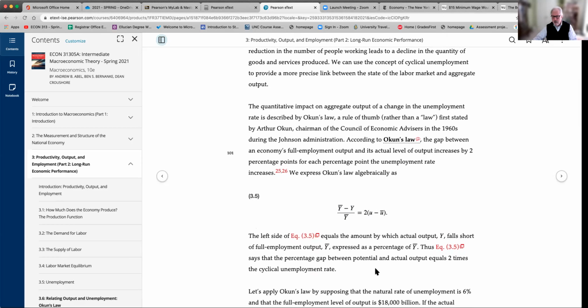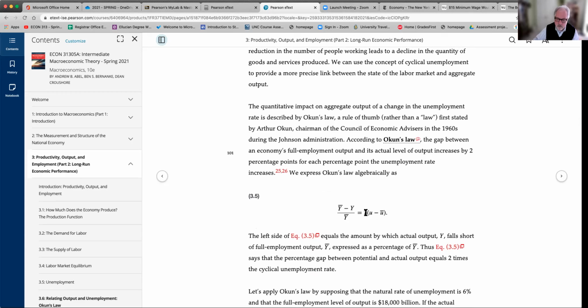But if we change the unemployment rate, we're going to get the economy either closer to full employment GDP or further away. So you close the GDP gap between full employment output and the actual level of output by changing the unemployment rate, or the unemployment rate changes as you change the gap between the full employment output level and the actual output level. So there's a direct relationship between the two.